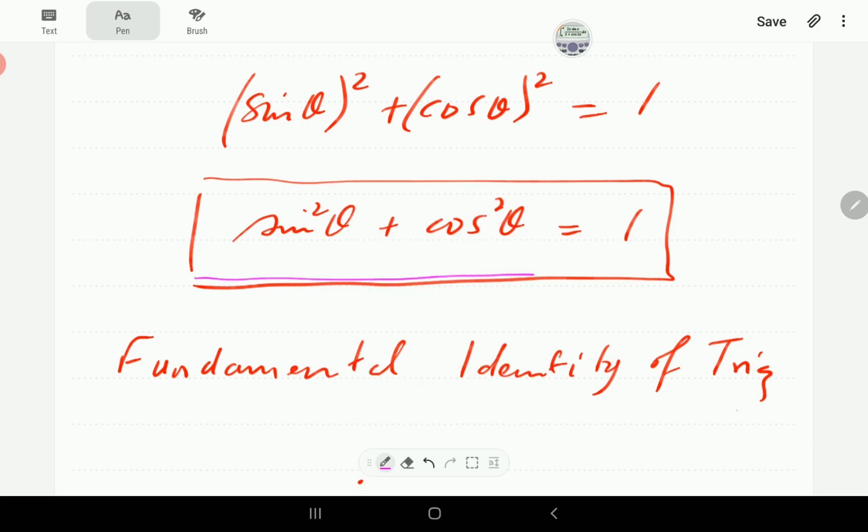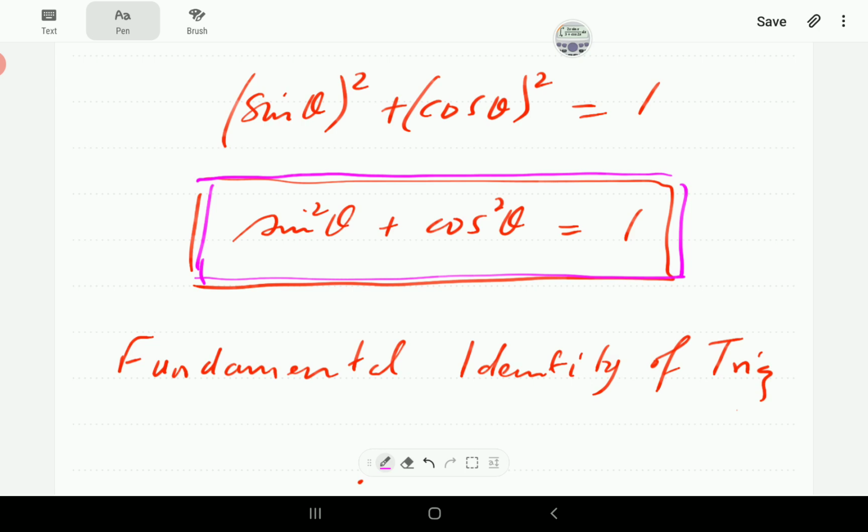So what we can do is we can use this to prove trigonometric identities. Trigonometric identities are trigonometric formulas that equate two expressions or give the relationship between two trigonometric expressions. We're just going to go through examples.